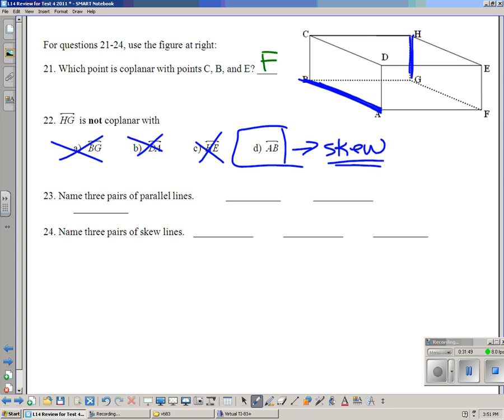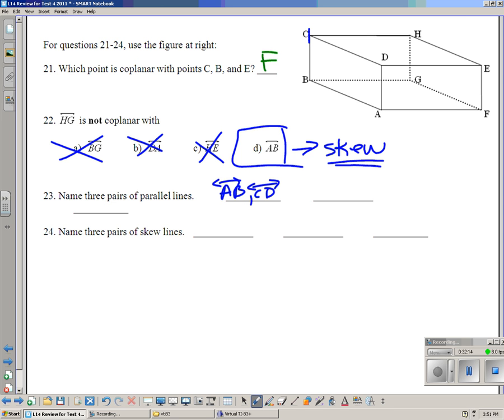Three pairs of parallel lines. I'll give you a few examples. There are many, many answers to this question, so please don't think these are the only answers. AB and CD are parallel. I really should be putting arrows because they're lines. Some other parallel lines you could have chosen. I'll be a little more exotic here.